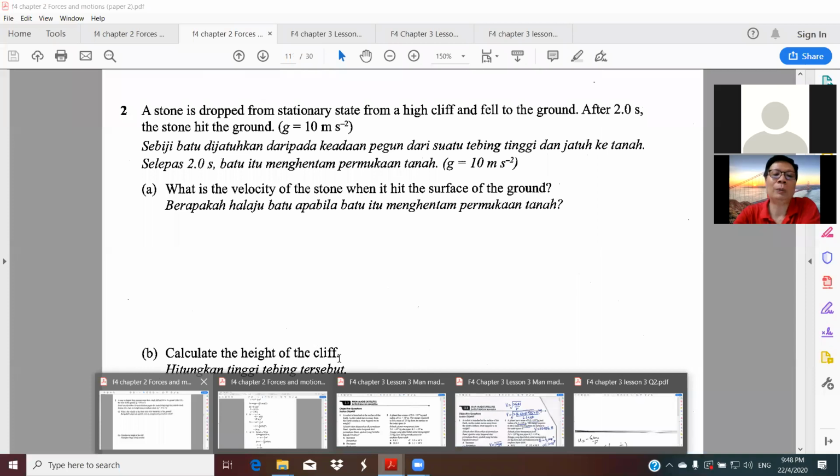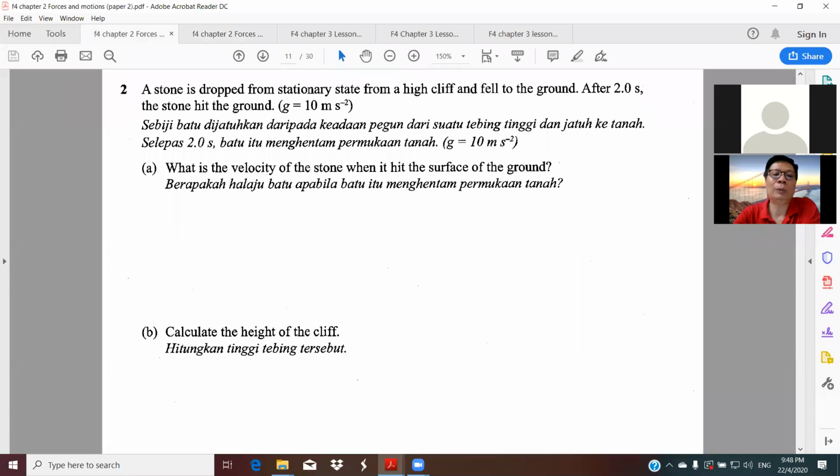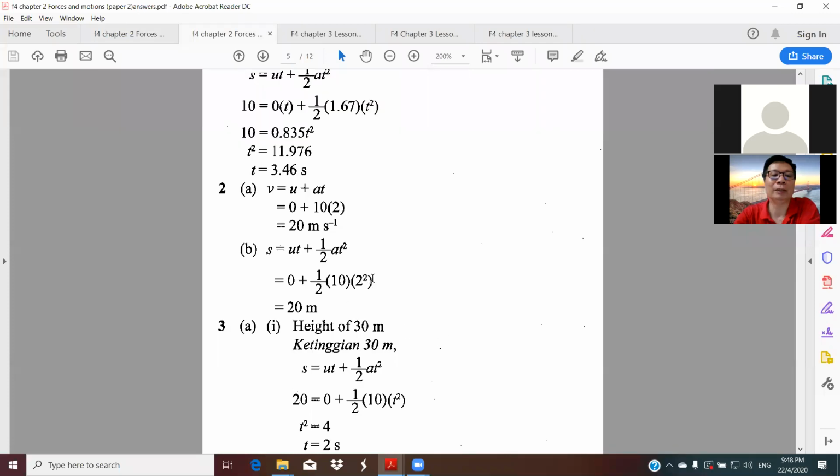To find the height, you find the displacement, S. Take this formula: s equals ut plus half at squared. u is 0, so that whole term is 0. a is 10, time 2 seconds, so you get 20 meters. The height is 20 meters.